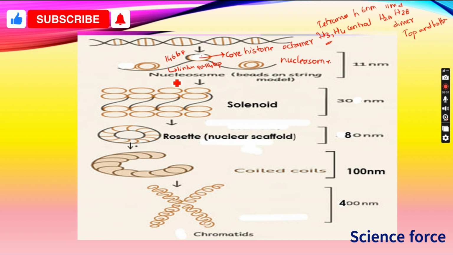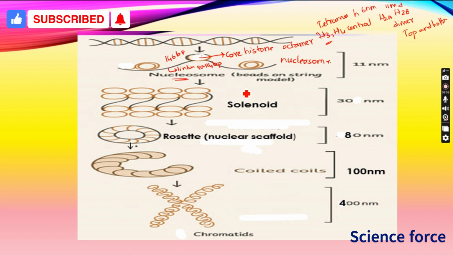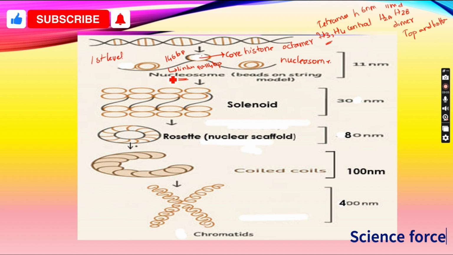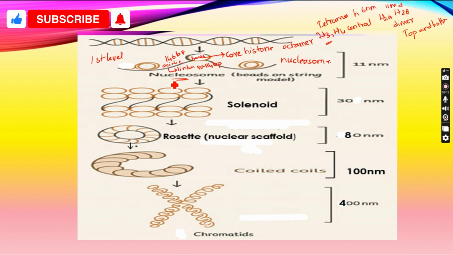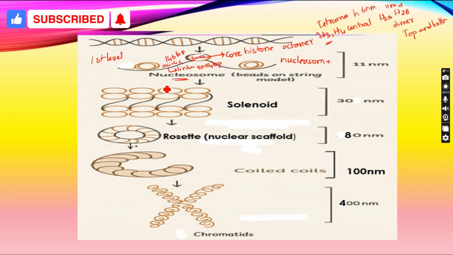These nucleosomes are going to form the second level of organization. It is the first level of organization. DNA is compacted into a nucleosome where the histones are basic and DNA is acidic. Based on this property, it is compacted. Then it is further compacted in the second level of organization.